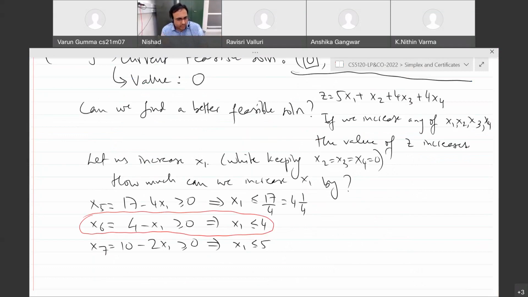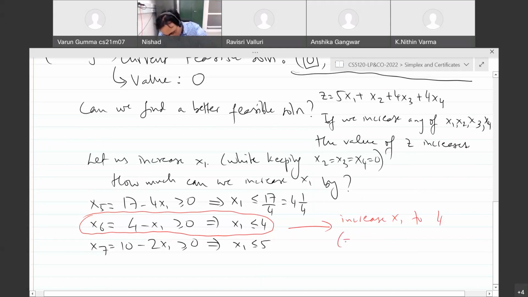And when we increase x1 to 4, x6 is going to come down to 0. Do you see that? So increase x1 to 4, and this implies that x6 will now become 0. And everything else will change automatically. We will talk about that.